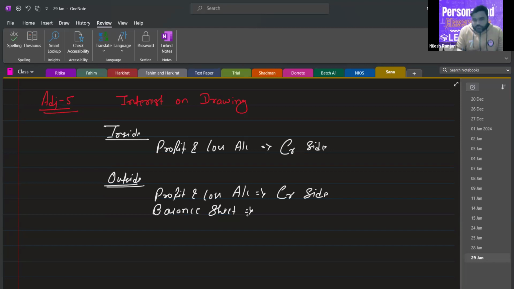Balance sheet, liability side, add it to drawing or deduct from capital. Both things are same.